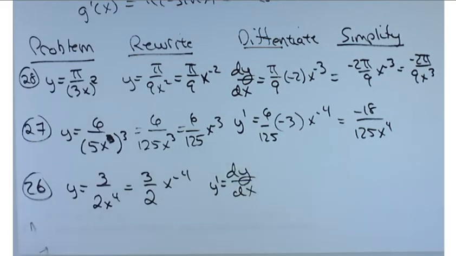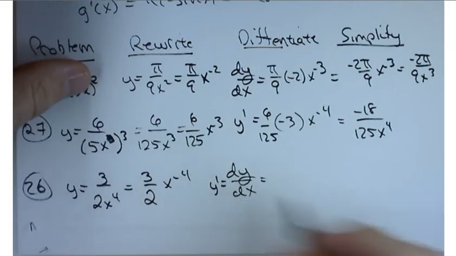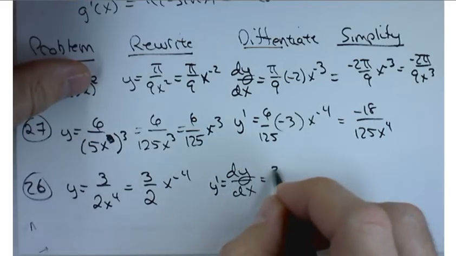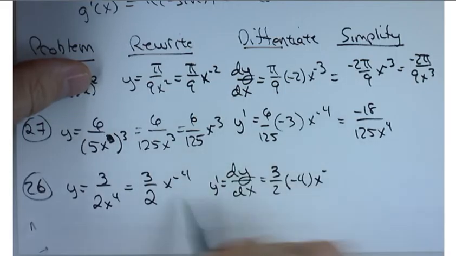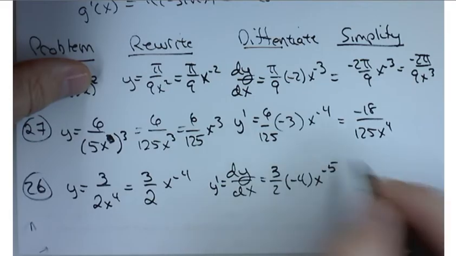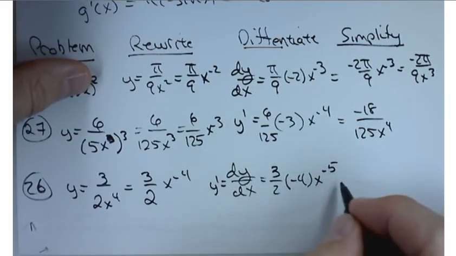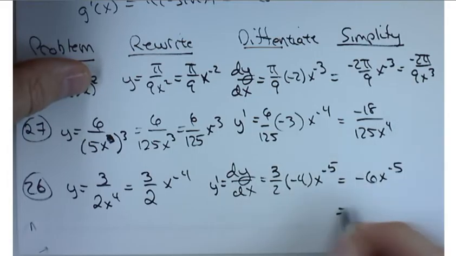Like, oh my god, how come there's so many notations? Sorry, it's just what we use. You'll get pretty comfortable with it soon. If I differentiate this, I'm going to have 3/2 here. -4, x to what power? -5. These two will cancel, so I'll get -6, x to the -5th, or better yet, -6 over x to the 5th.